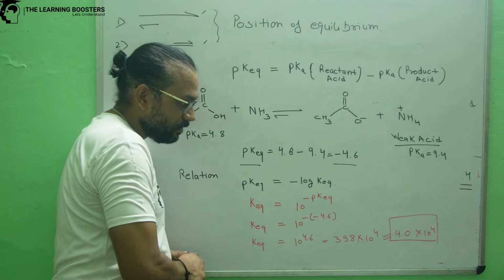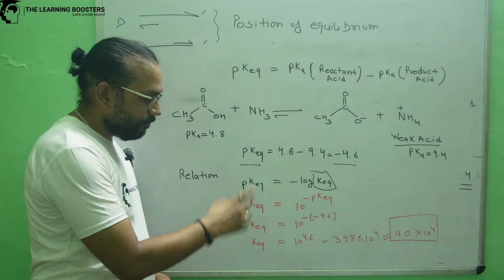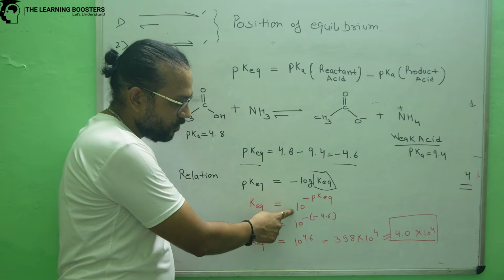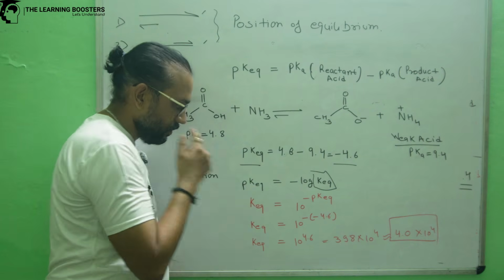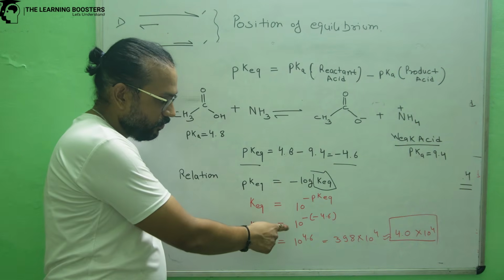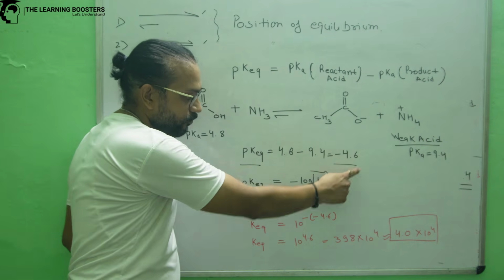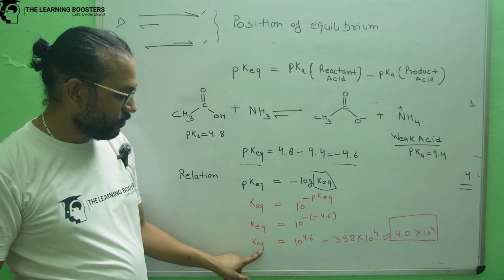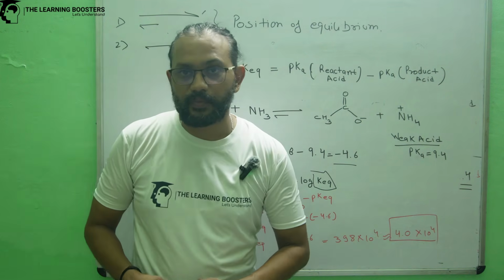By rearranging, K equilibrium equals 10 raised to the power minus pK equilibrium. So K equals 10 to the power 4.6, which results in K equilibrium of 4.0 times 10 raised to the power 4.